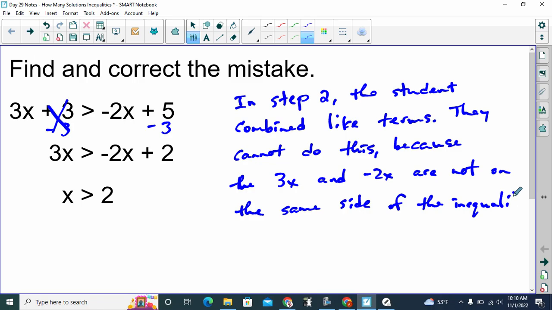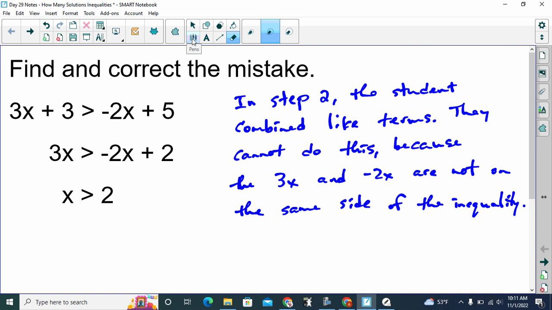If they were on the same side, yes, we would combine them, and 3x minus 2x gives us 1x. The problem is they're on different sides of our inequality. So in step 2, the student combined like terms. That's not legal because the 3x and the negative 2x are on different sides of the inequality.